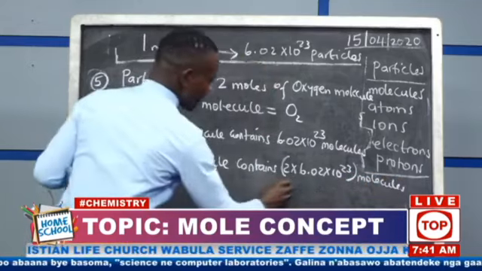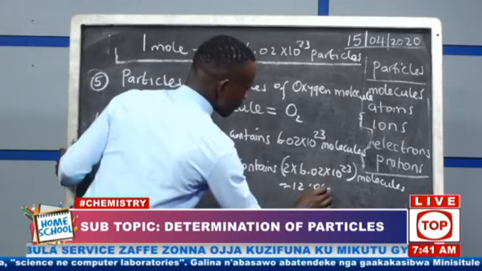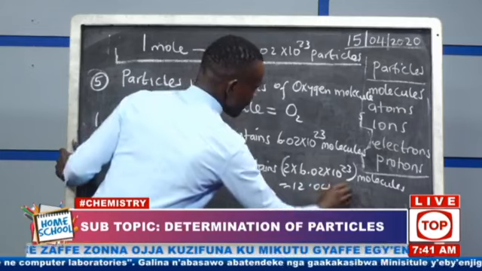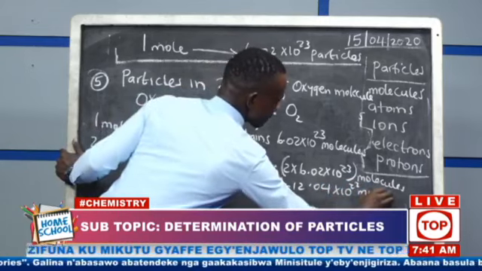Then you calculate there and you get 12.04 times 10 power 23 molecules.